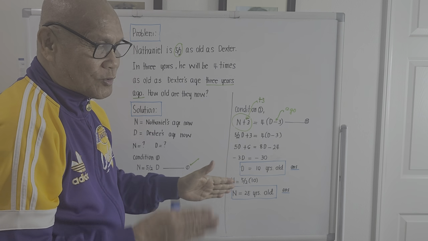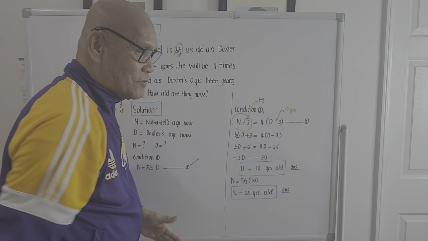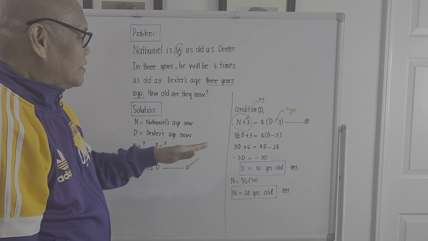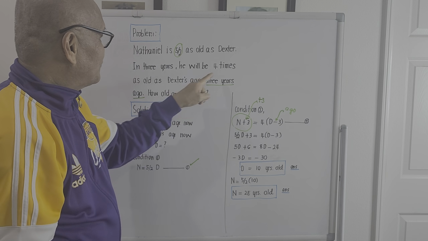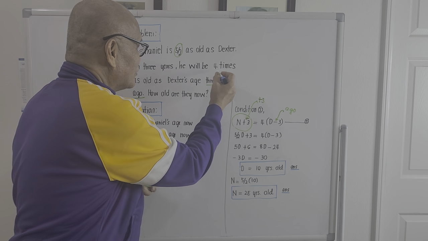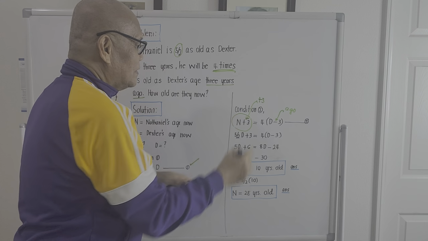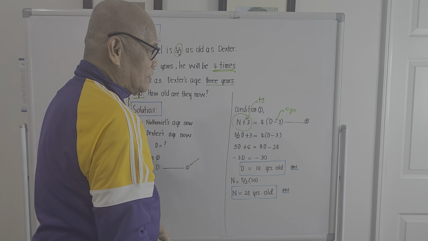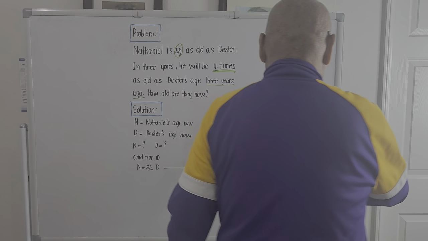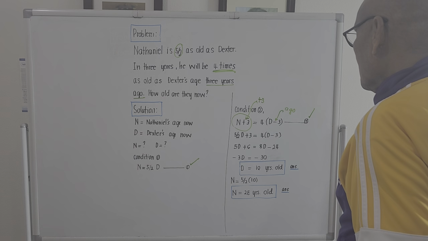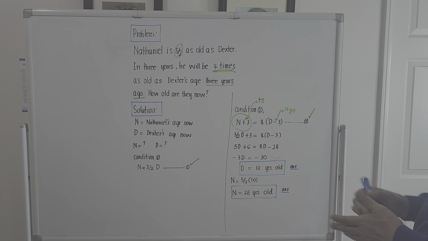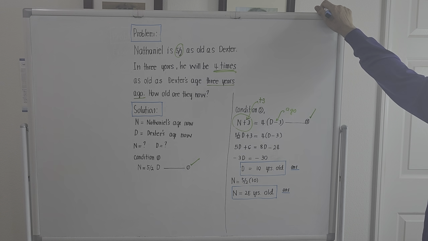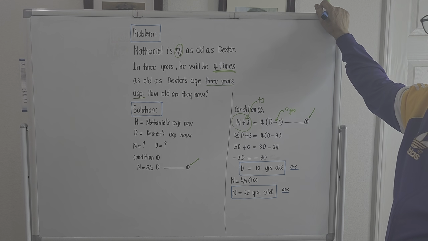We call this equation number 2. So this is an easy one now. We have two linear equations involving two unknowns.